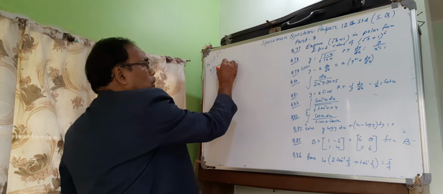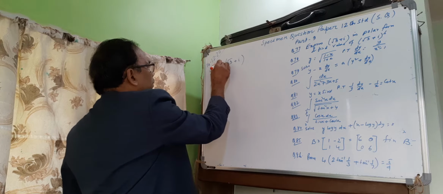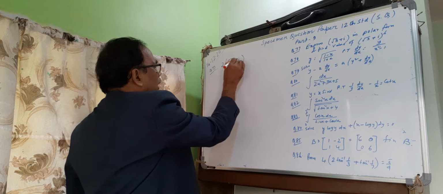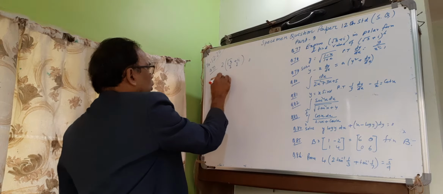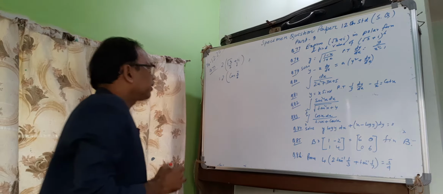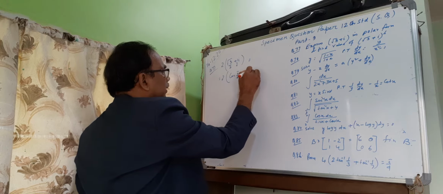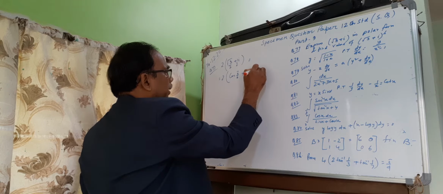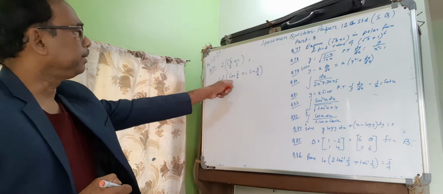Here root 3 plus i, we multiply and divide by 2, equals 2 times (root 3 by 2 plus i times half). Root 3 by 2 means cos pi by 6, cos 30 is root 3 by 2, plus i sin pi by 6, sin 30 is half. This is in polar form.